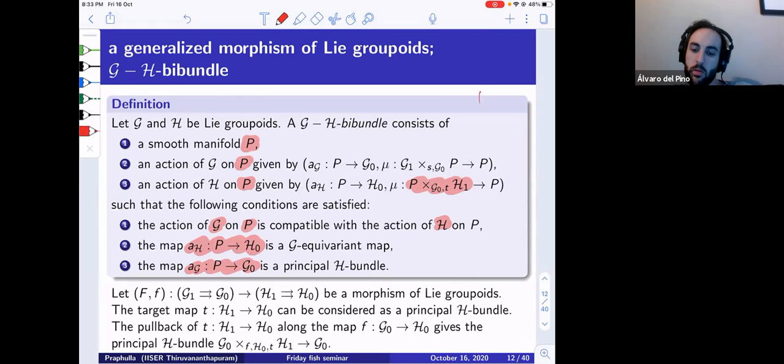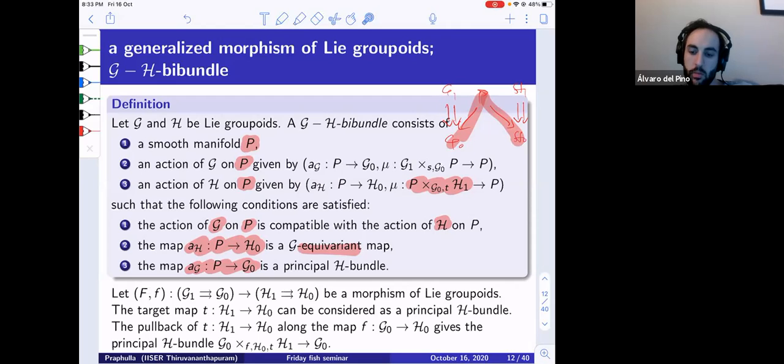We denote that by the following. So we want this to be a principal H bundle, and we want this map to be a G-invariant map. Sorry, that's G-invariant; there is no action of G on H0.